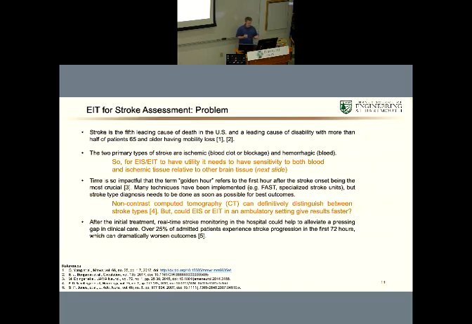Constant monitoring would be helpful for that, as care is often overburdened. So long-term, real-time monitoring with EIS or EIT would be a possible solution.